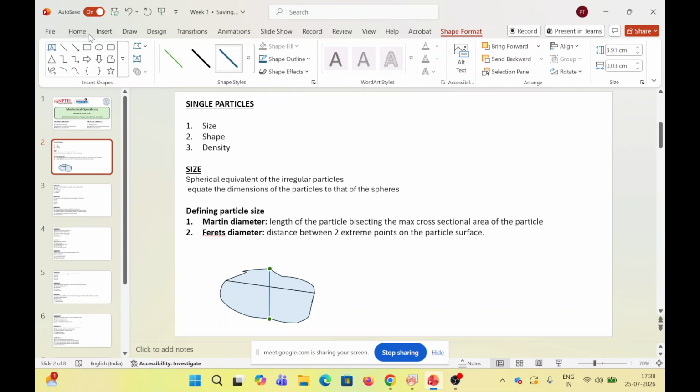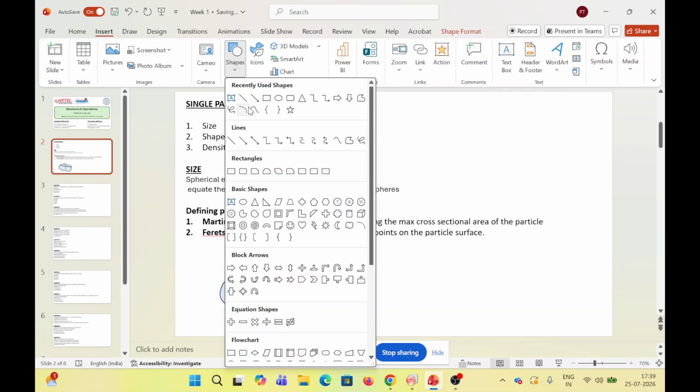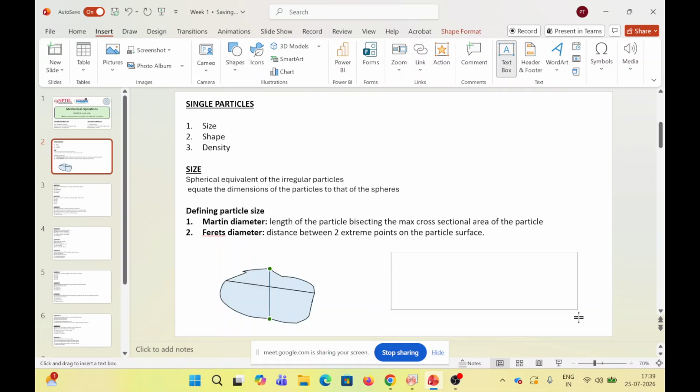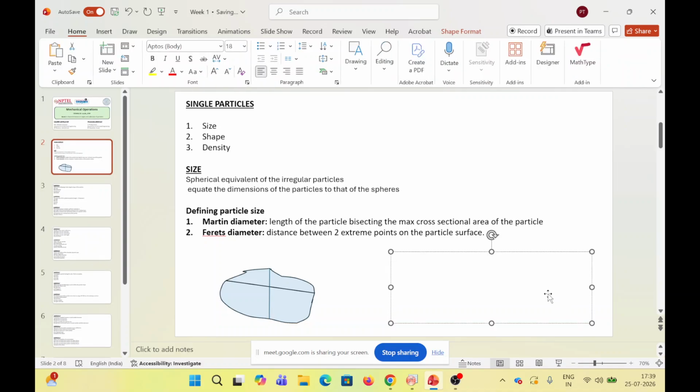Basically, we try to find the spherical equivalent for an irregular shaped particle, and when we do this, we define certain parameters. So I'll list down the parameters. Please let me know if you know any of them. So first one is ds.